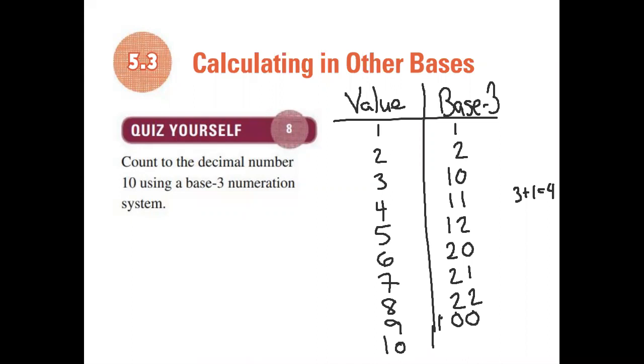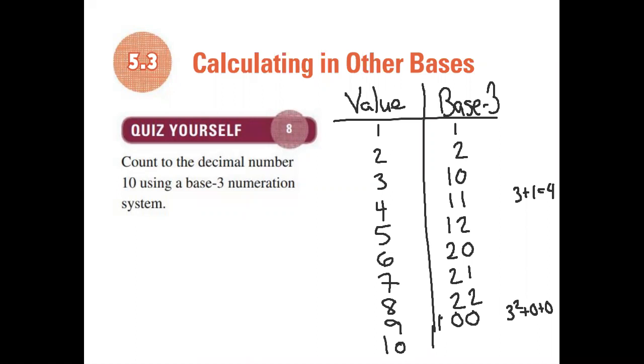So reading from right to left, we start at the ones location, the unit, and then the next location to the left is the base location. Another position movement to the left gives us a base squared. So this number here is 3 squared plus no 3s plus no units, or 9.